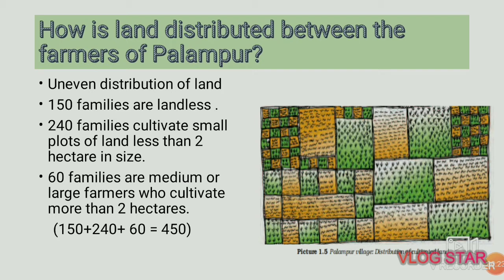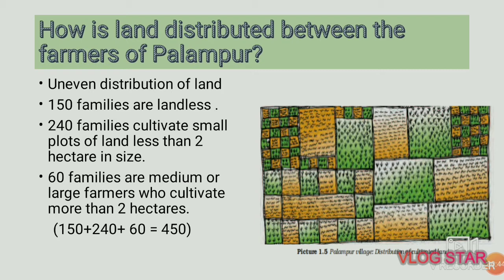There are 150 families who do not have land at all in Palampur. Okay, 240 families cultivate small plots of land of less than 2 hectares. So imagine how they are growing the crops on that small land.